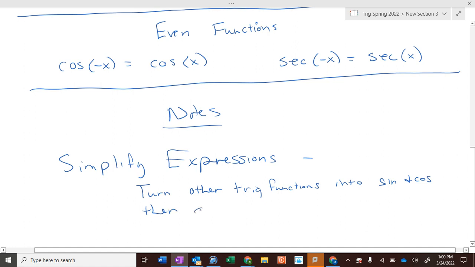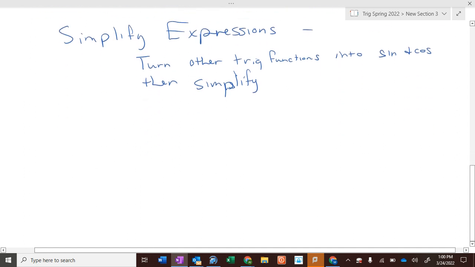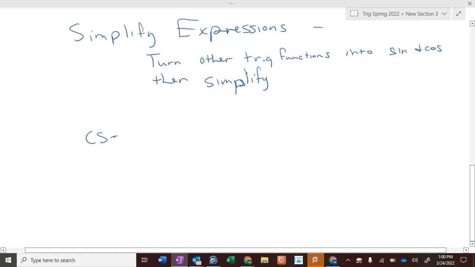Then we're going to simplify, if possible. All right, so let's say we have the cosecant of x over the cotangent of x. We want to turn these into sines and cosines and then simplify what we get.